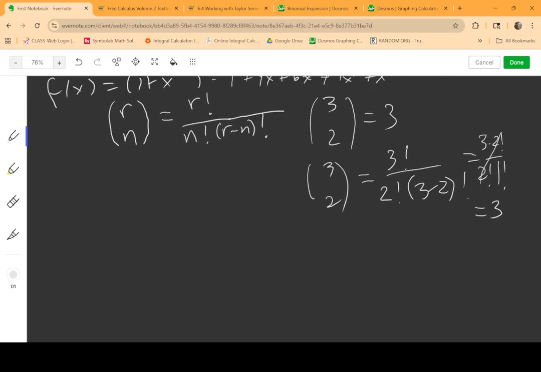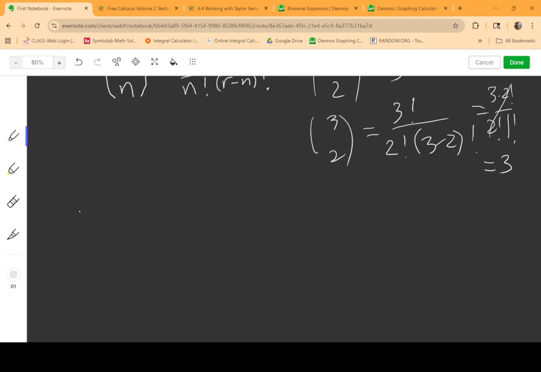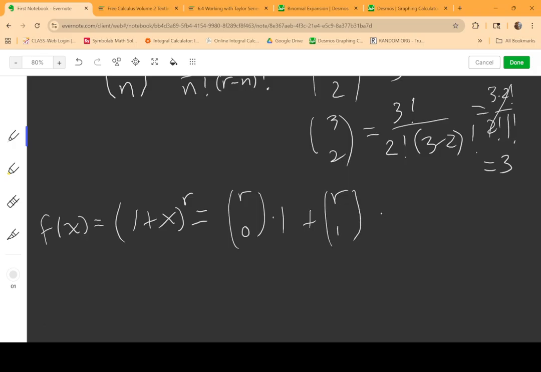And in general, what that allows us to do now is that we can have a generalized form here of our binomial expansion, where this would go r choose 0 times 1, plus r choose 1 x plus r choose 2 x squared, etc., till we get to the last one, r choose r, which itself is 1, right?